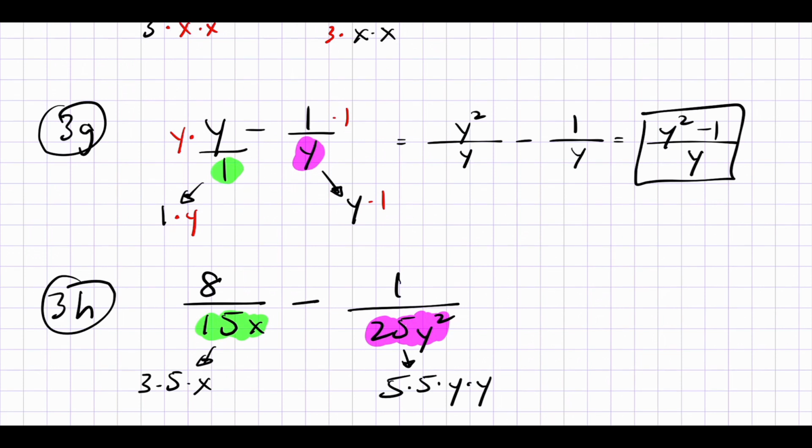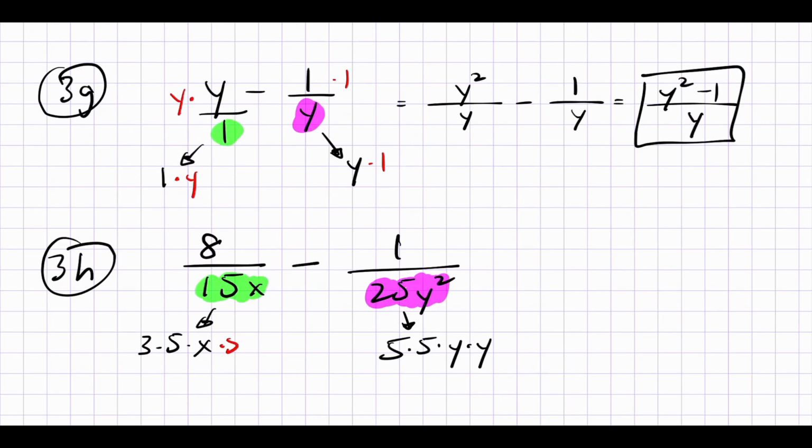Okay, last one. This guy right here needs another 5 and 2 y's. This guy over here just needs a 3 and an x. I think they're the same. 2 5's, a 3, and x, and yep. So 3 times 5 times 5, you get 15 times 5.